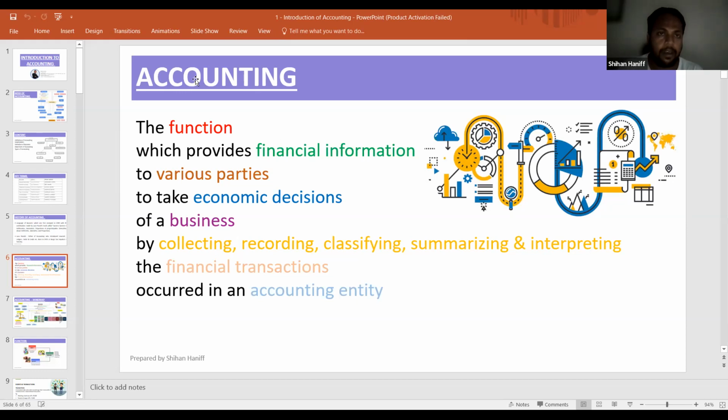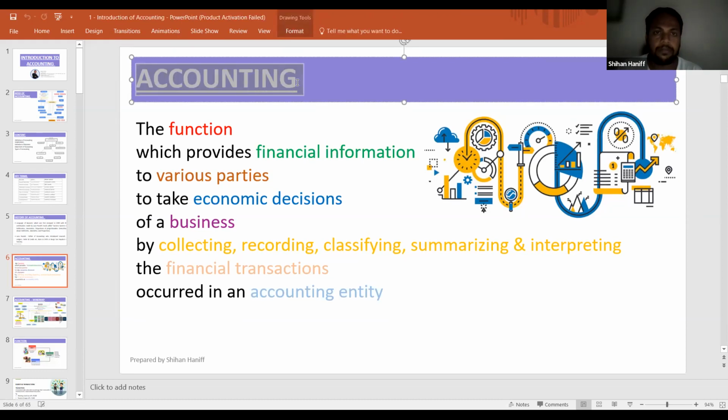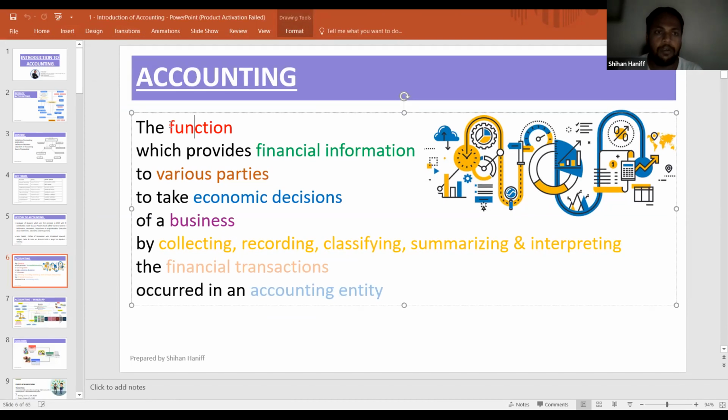Okay, what is accounting? This is the complete definition for accounting.